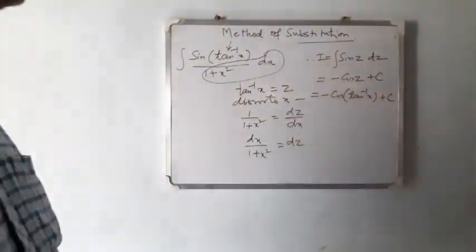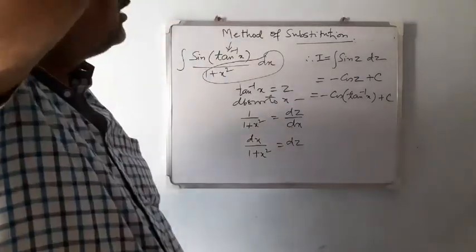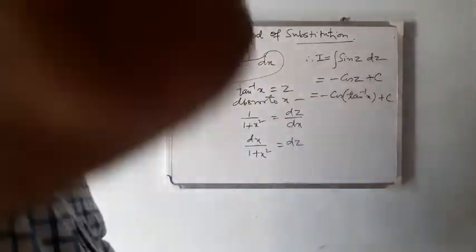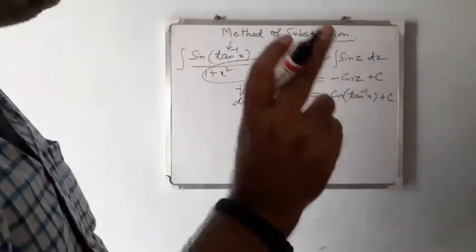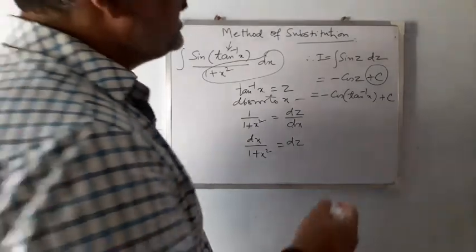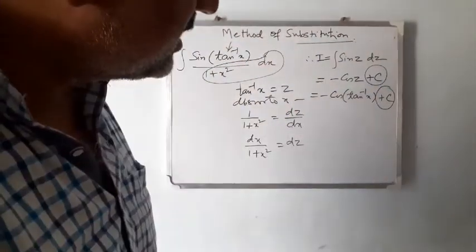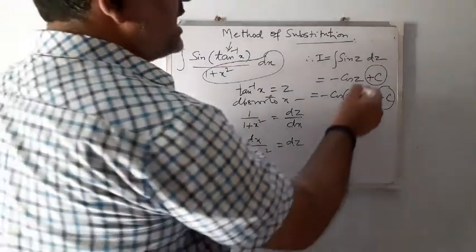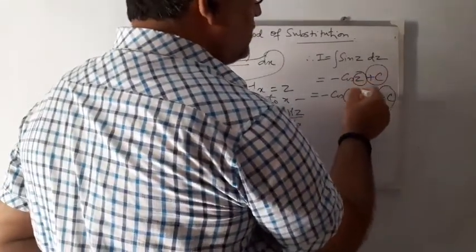A few mistakes which often appear while solving: you must keep in mind that you have to add this constant c always at last. There should be an integration constant, that is plus c, and always try to put down the value of z.